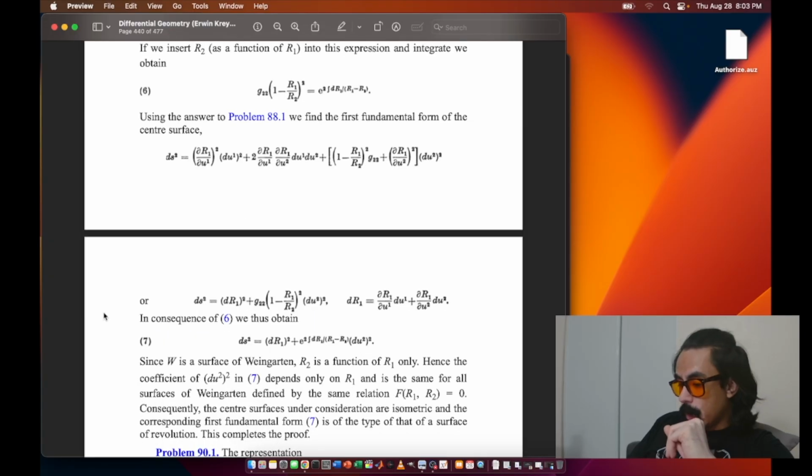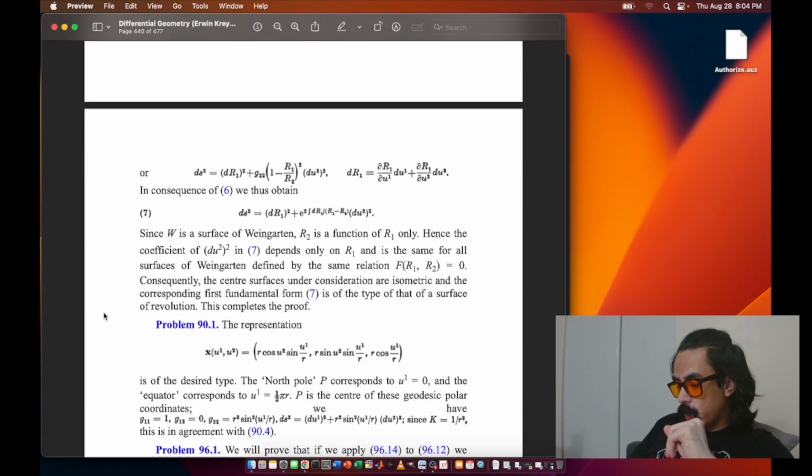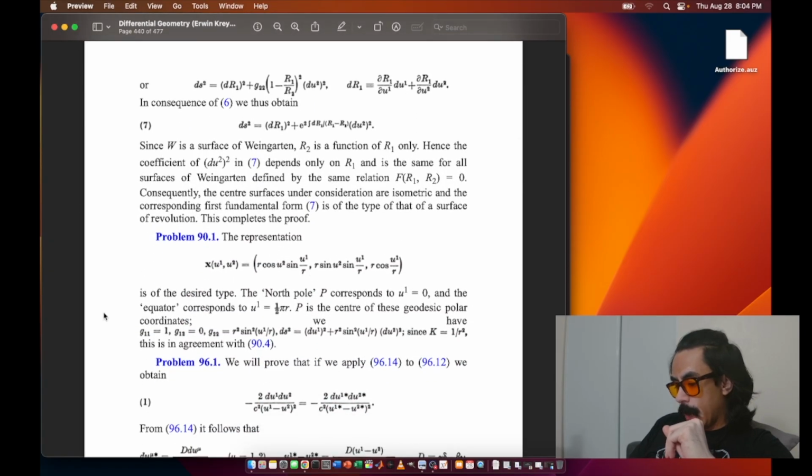In consequence of line 6 that I have just read, we thus obtain that ds squared is equal to the square of dr1, then plus e with an exponent of 2 times the integral of 1 over r1 minus r2, but that's dr1, and then we're done with the exponent, but we're multiplying it with the square of du2.